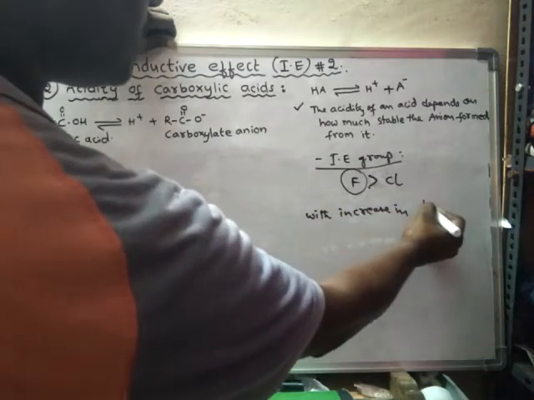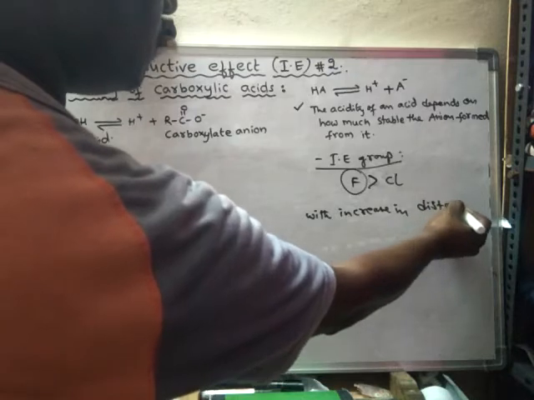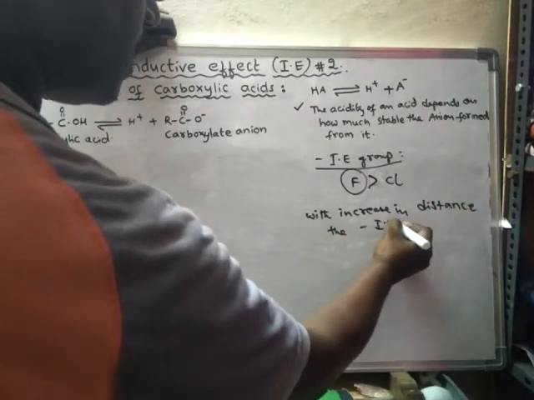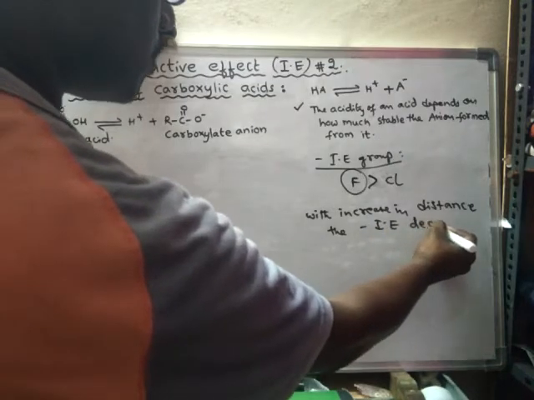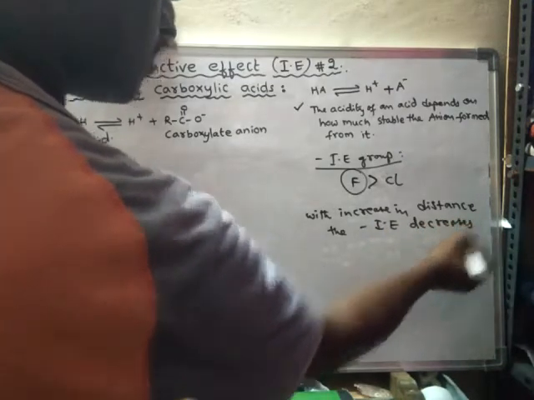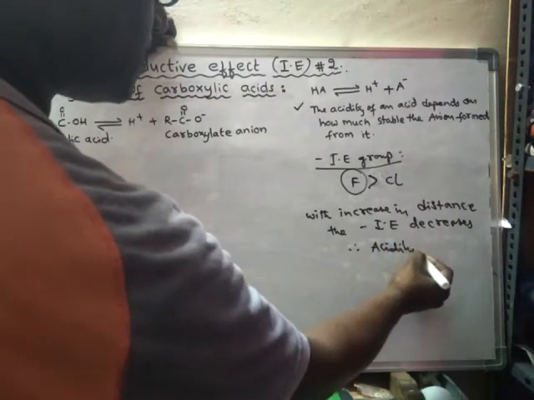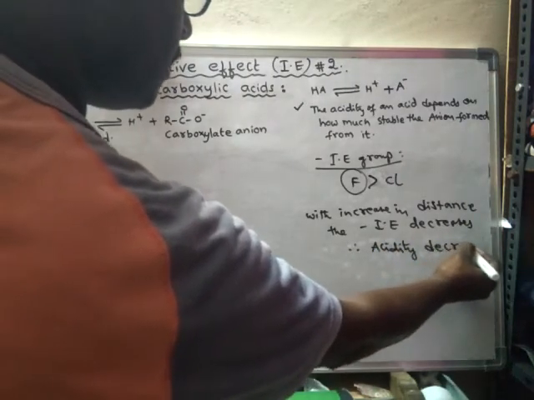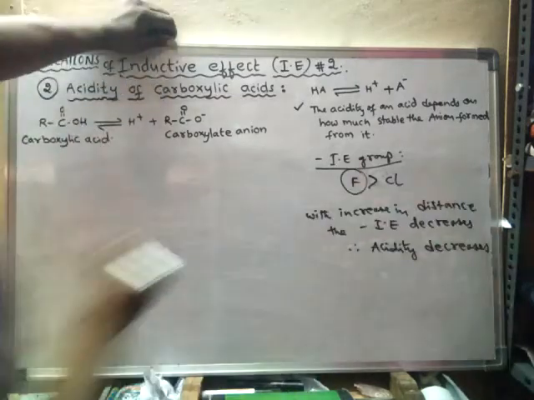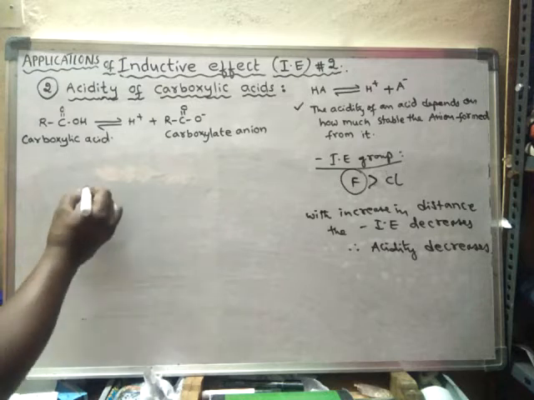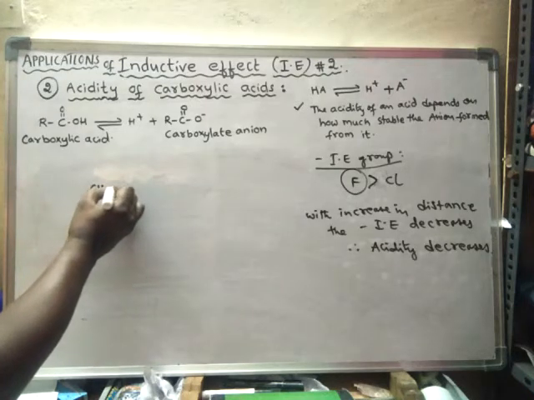With increase in distance, the minus I effect decreases. Therefore acidity decreases. We'll see an example for this. For example, there is an acid like this.